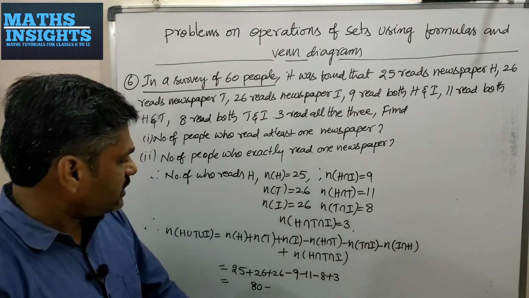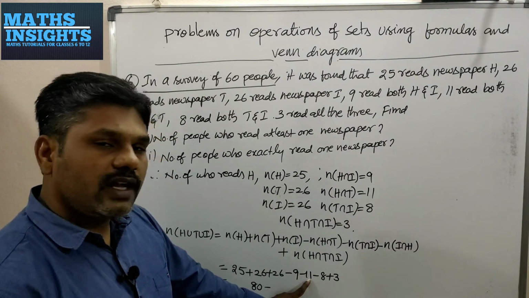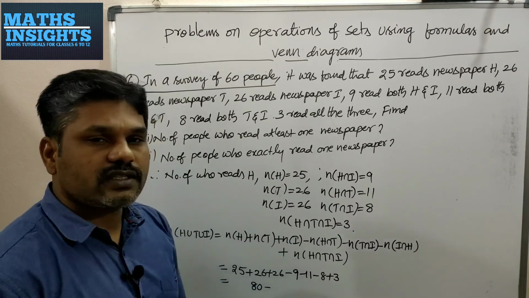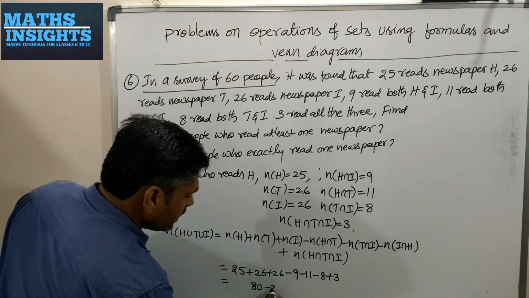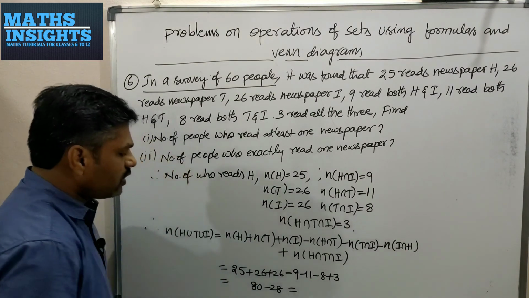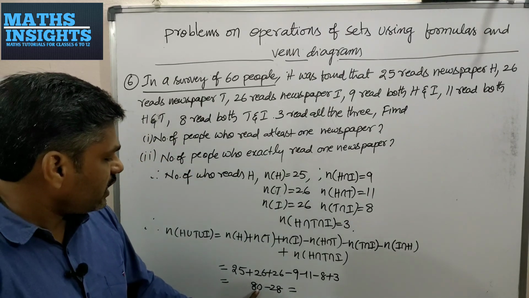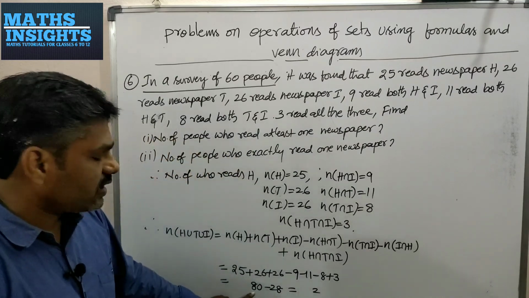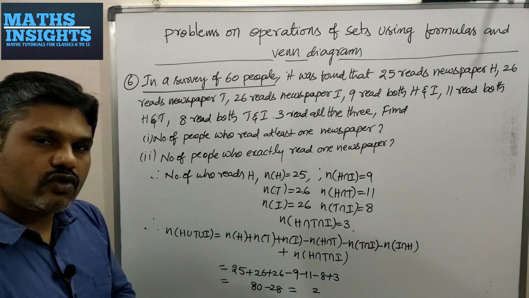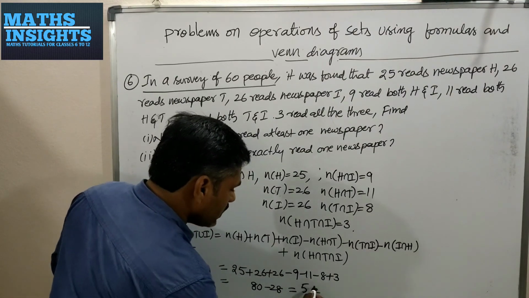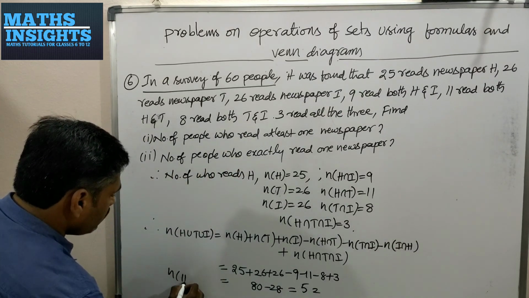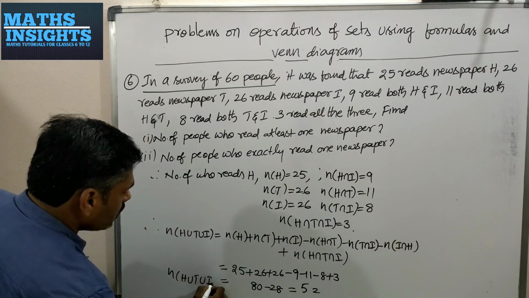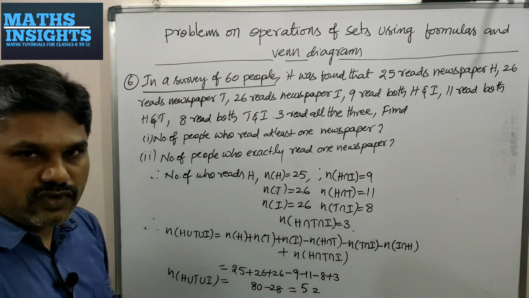Minus, see 9, 11, 20, this is 8, 28. 80 minus 28, that is equal to, what you will get, 52. So these are the number of people who read at least one newspaper.